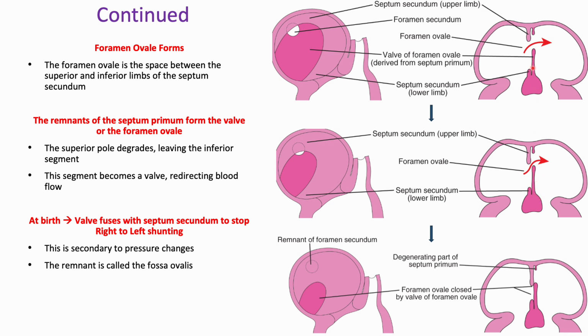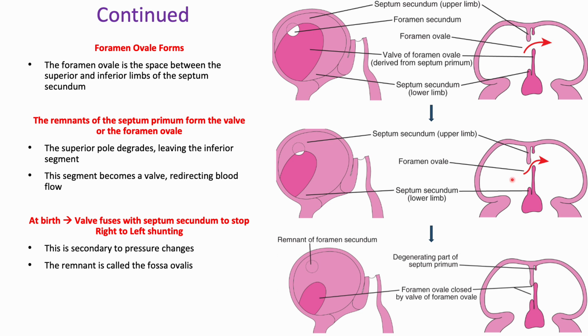Right here, this is what used to be the septum primum, or at this point still is, but the septum primum is going to start to degrade, and then what remains we're going to call the valve of the foramen ovale, because what should happen whenever you're born is the septum primum in this region should close and fuse with the septum secundum, and that's why we call it a valve.